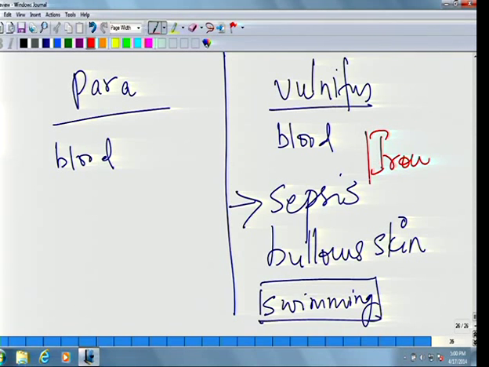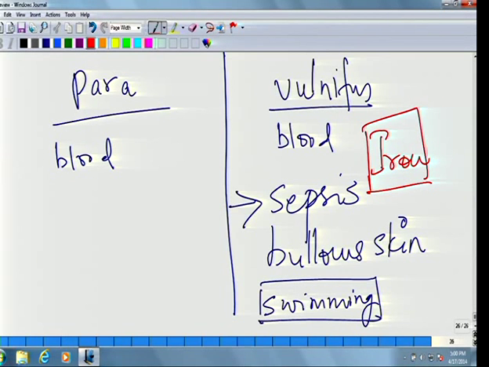The other main feature about this is iron. People who are alcoholics, as well as those who have iron overload diseases, are more prone to Vibrio vulnificus infections.